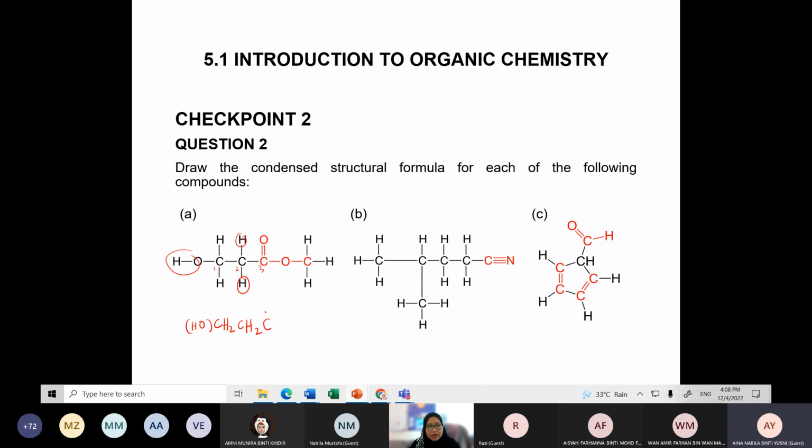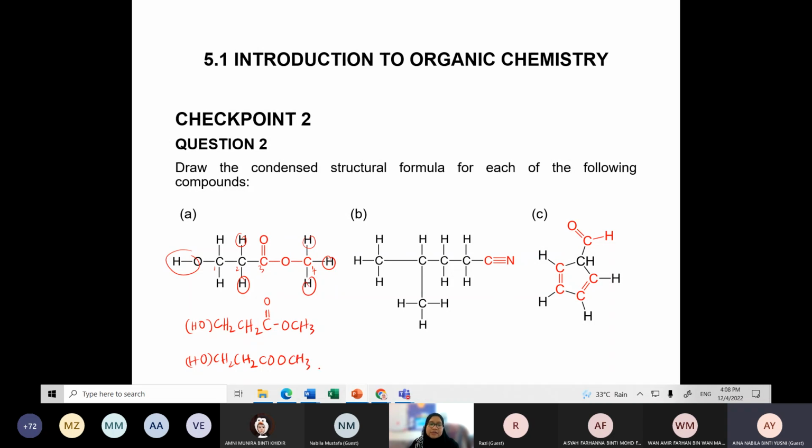You can present it this way, or you can also present it this way, because it's the functional group, COO. And next we have the last carbon here, the fourth carbon, and the 3 hydrogens attached to it, CH3.